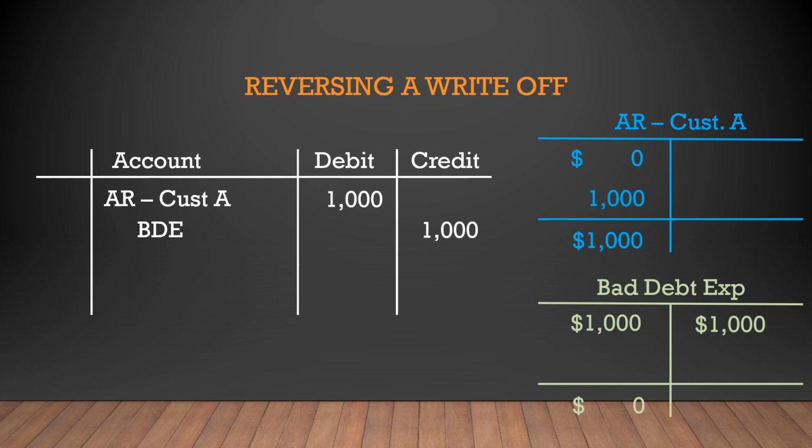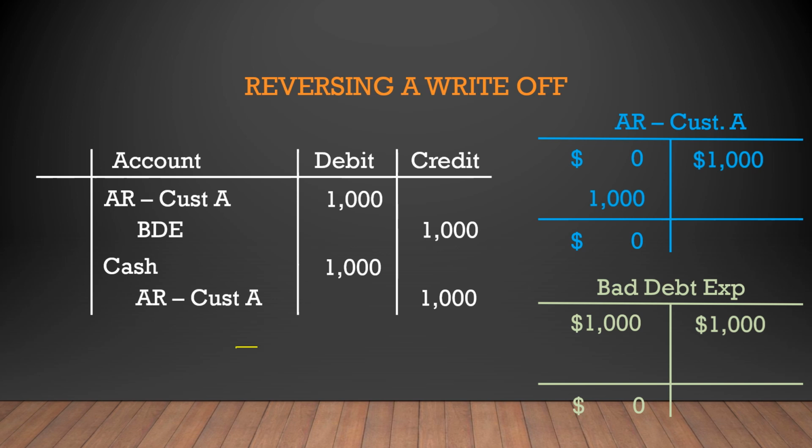Next, record the collection of cash as usual. This credit to AR takes it back off the books. And the debit to cash records the collection of cash.